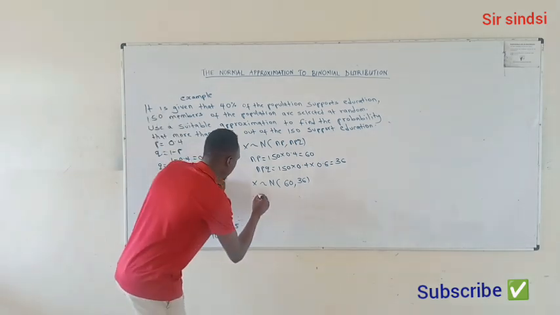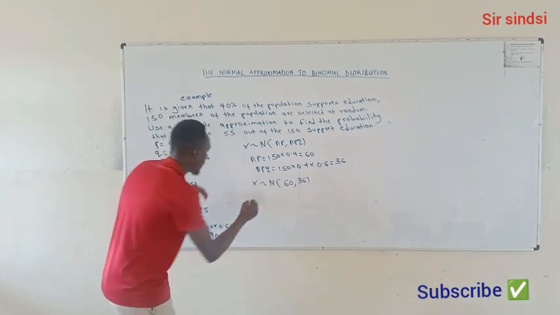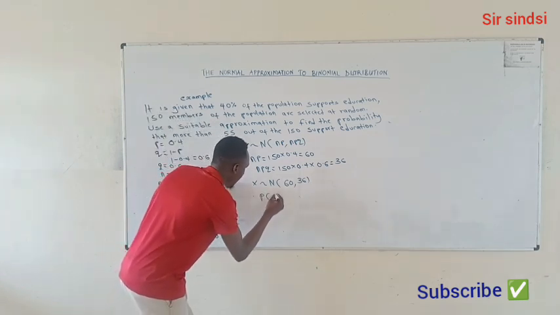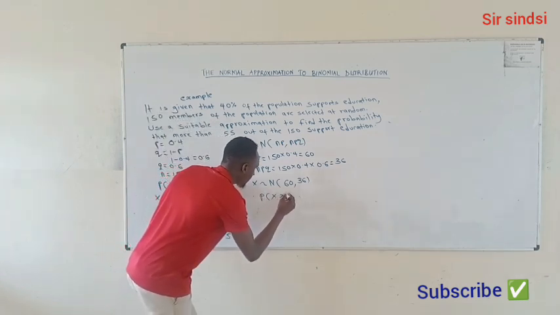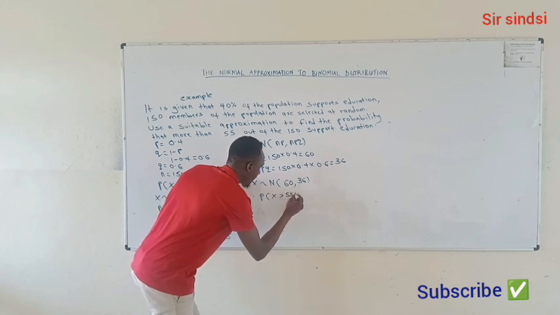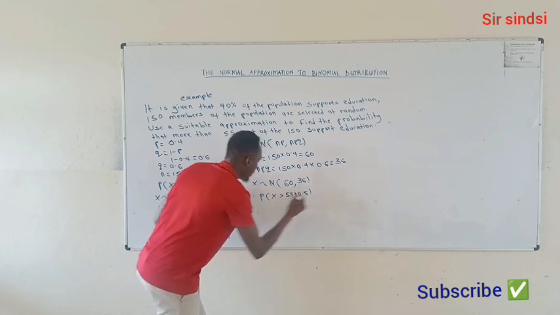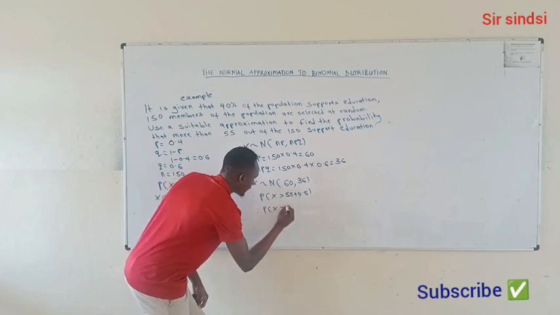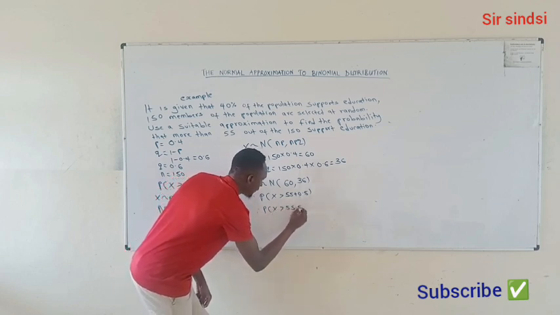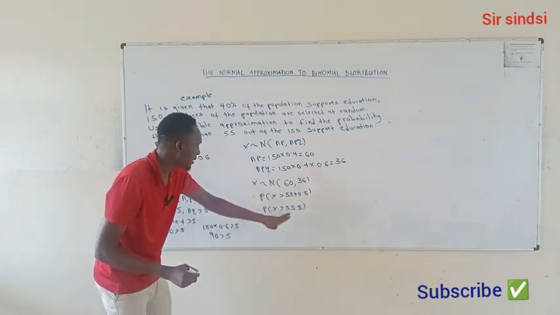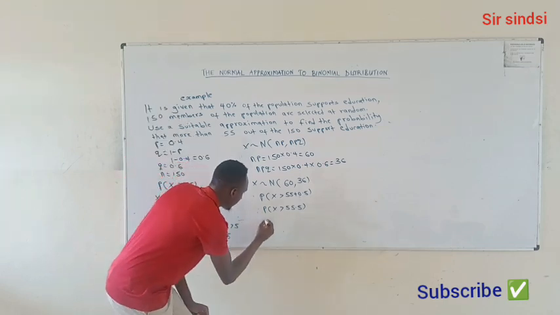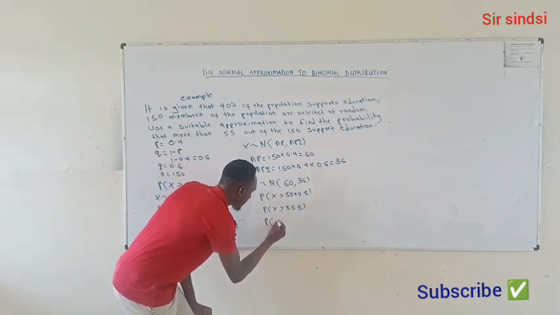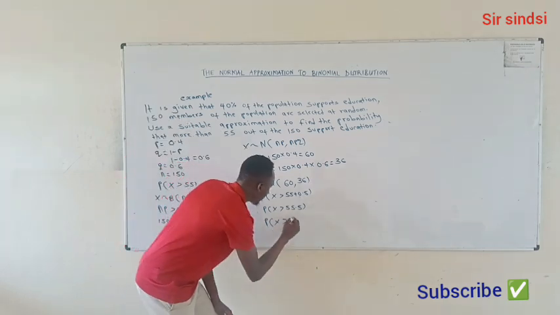So using continuity correction, we have the probability that X is greater than 55.5.